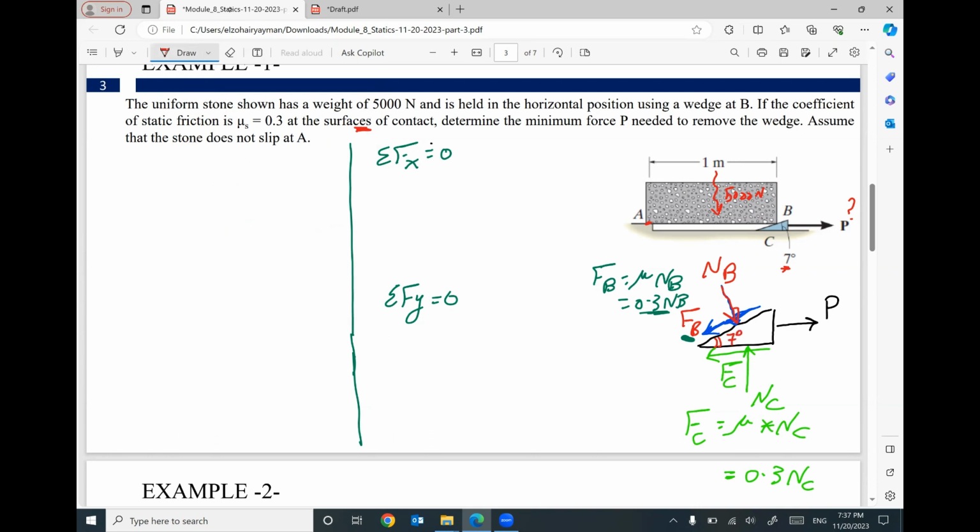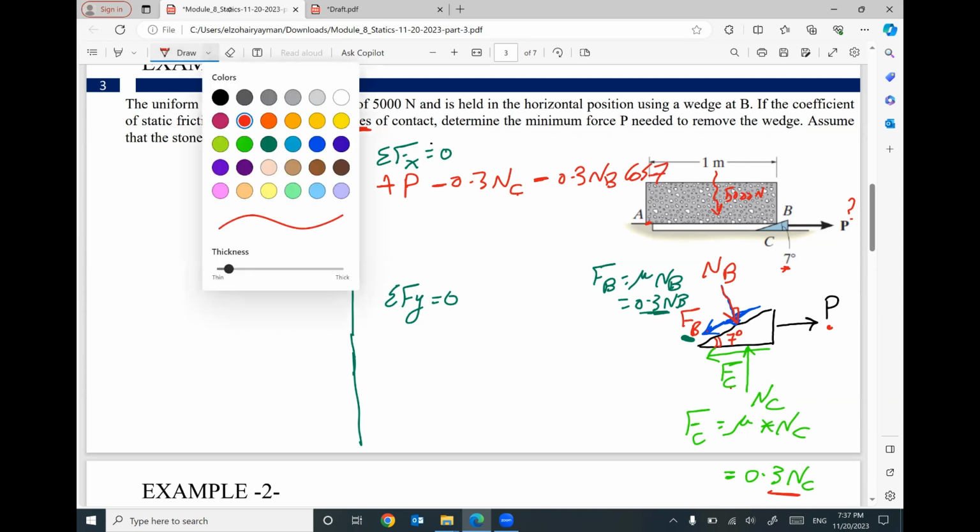So if you apply summation F of x, we have positive P. We have negative FC, and FC equals 0.3 NC. We have also the x component for FB, which is FB cosine 7, negative FB cosine 7, equal to 0.3 NB cosine 7.